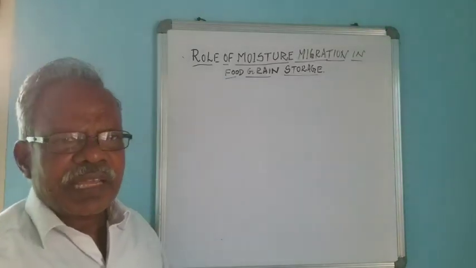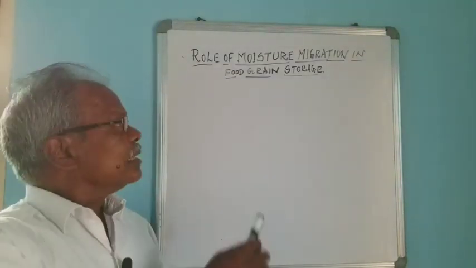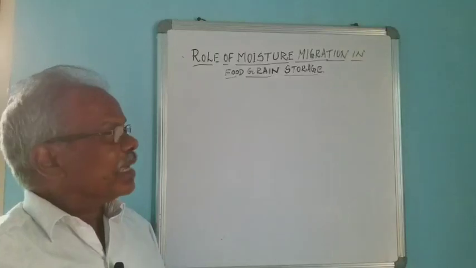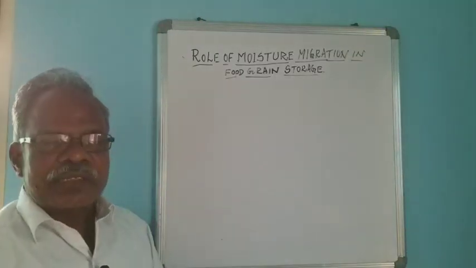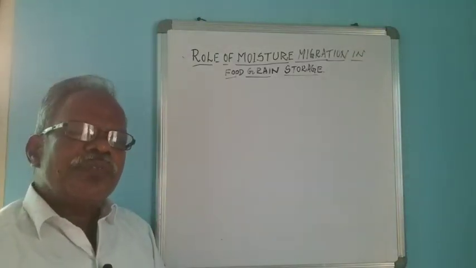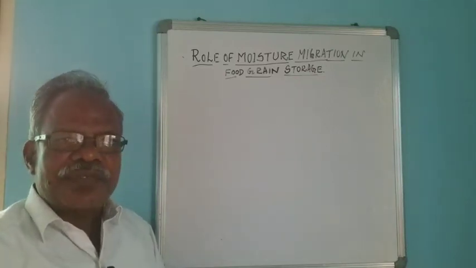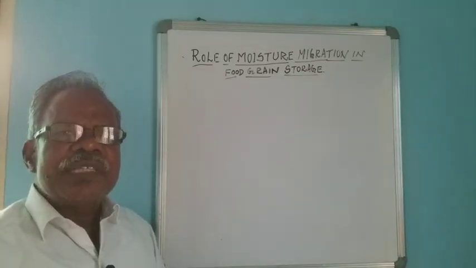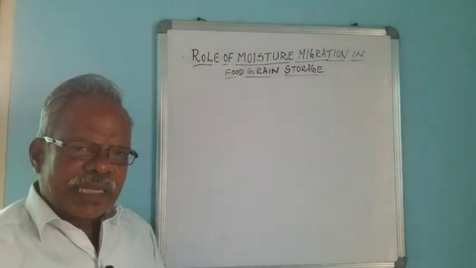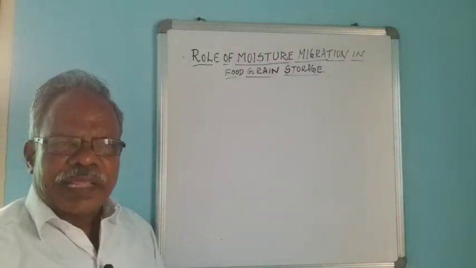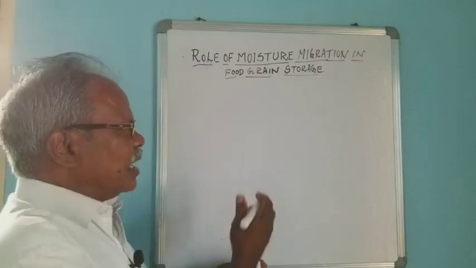The topic taken for discussion is the role of moisture migration in food grain storage. Before going to the role of moisture migration in food grain storage, we will see the structure of food grain, that is, the monocot seed.